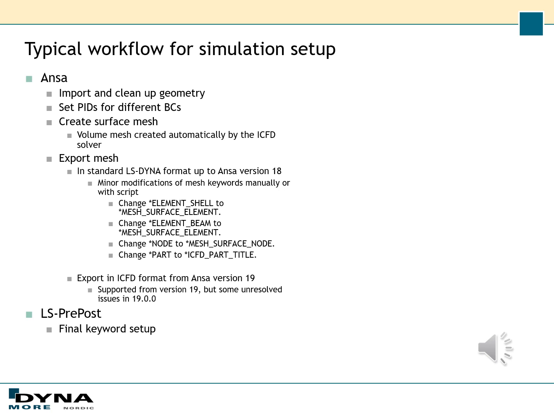If you are using Ansa version 18 or lower, then you can export the mesh in standard LS-DYNA format, but then you need to do some small modifications of the keywords manually or using some script. For example, you need to change element shell to mesh surface element and node to mesh surface node. From version 19 in Ansa, the ICFD format is supported, and quite many keywords are available, but typically you will still want to do the final keyword setup using LS-PrePost.